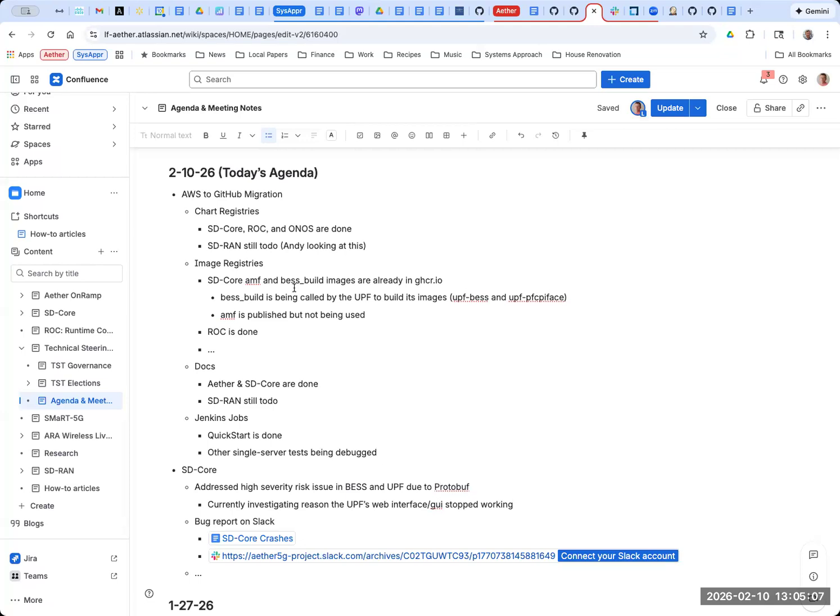For the AMF, we published one image to test that the reusable workflows were working as expected, that everything is working fine. However, we are not using them yet because I'm waiting for Suresh to replicate what we did in the AMF across the rest of the code base.